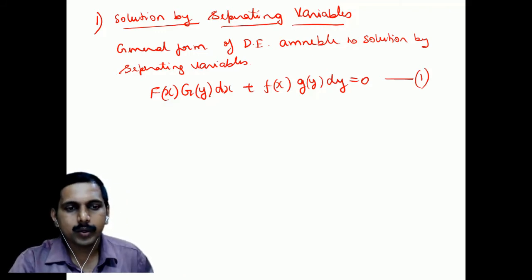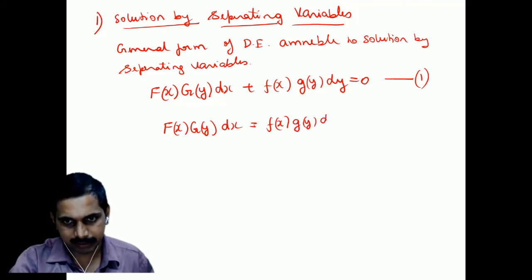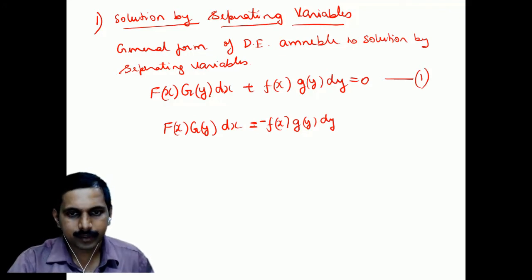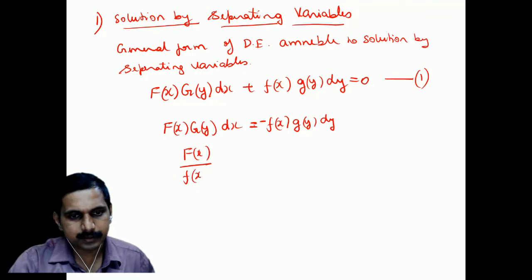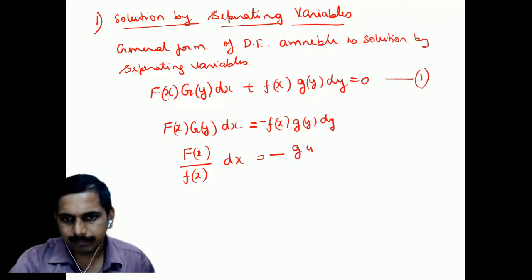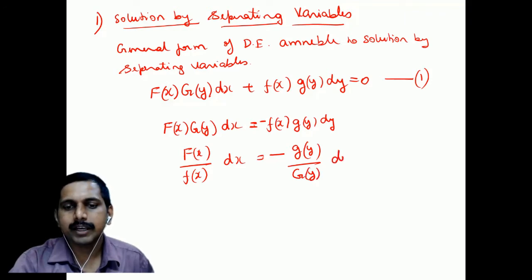We can write f of x g of y dx is equal to minus F of x G of y dy, correct? Now I can write here F of x by f of x dx is equal to minus g of y by G of y dy, correct?